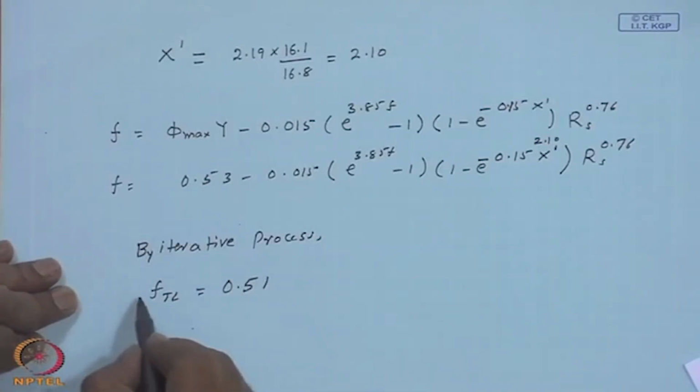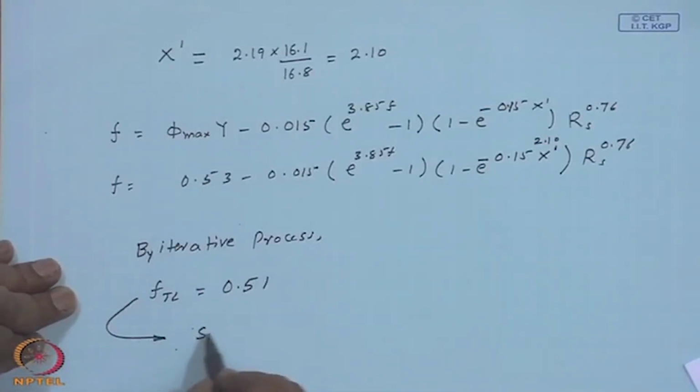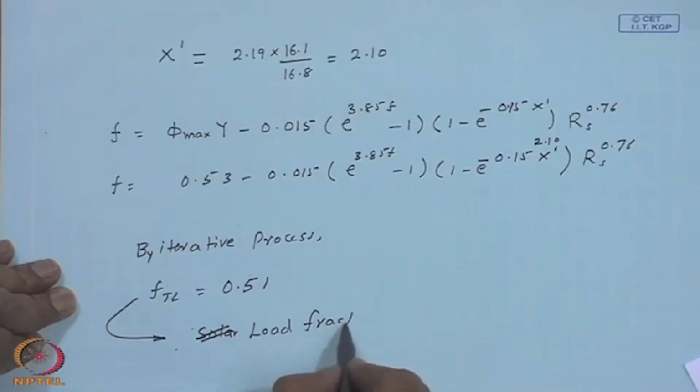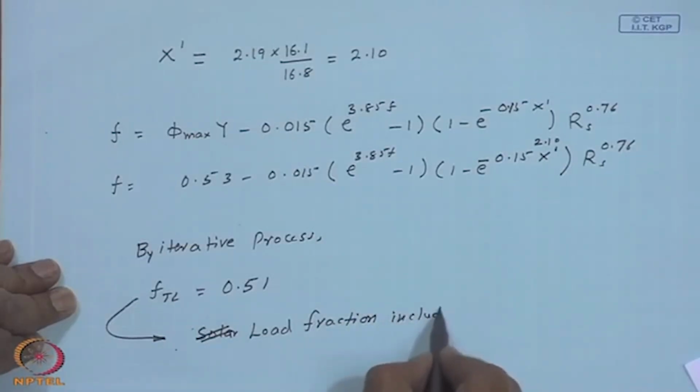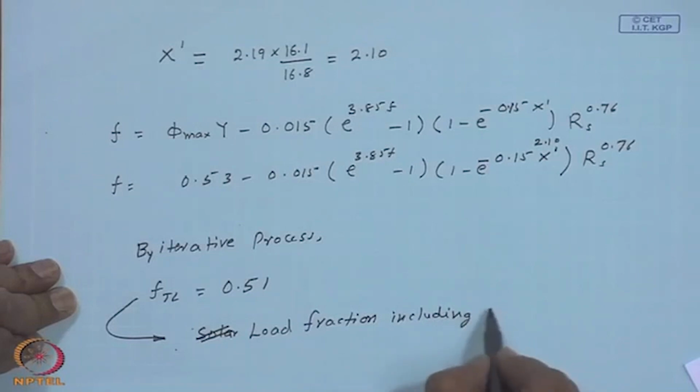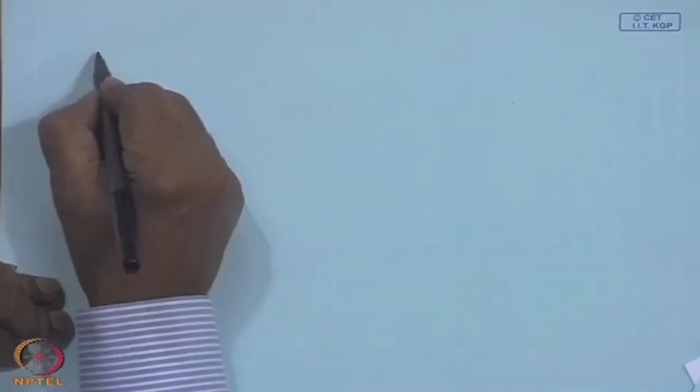Now, you remember this is the solar load fraction, rather I will just call it the load fraction including tank loss. Okay. That is our notation. So, this we said as an iterative process.